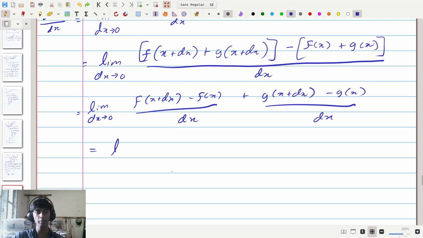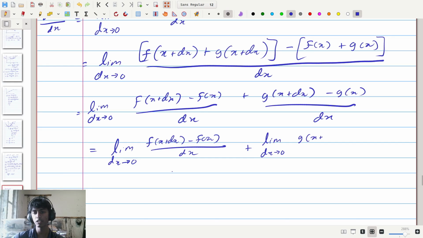So this is equal to the limit as dx approaches 0 of f of x plus dx minus f of x divided by dx, plus the second limit, which is the limit as dx approaches 0 of g of x plus dx minus g of x divided by dx.